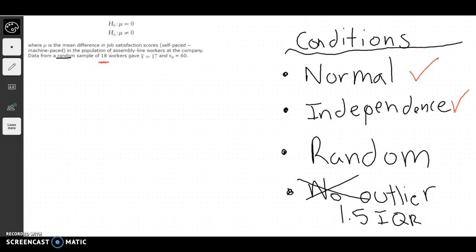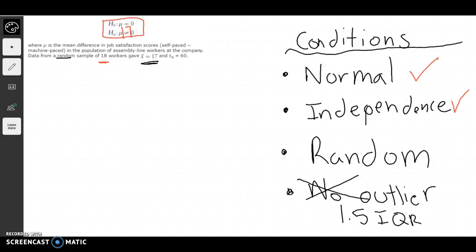They want us to do a two-sided test, and you can tell it's two-sided because it's not equal to. They found a sample mean of 17, and the assumed mean was that the satisfaction of these workers would remain the same, that it wouldn't increase.